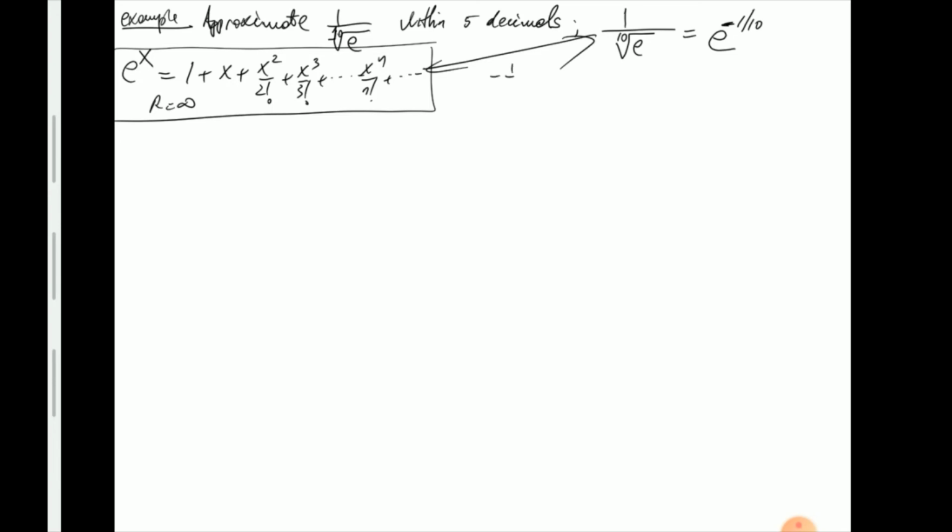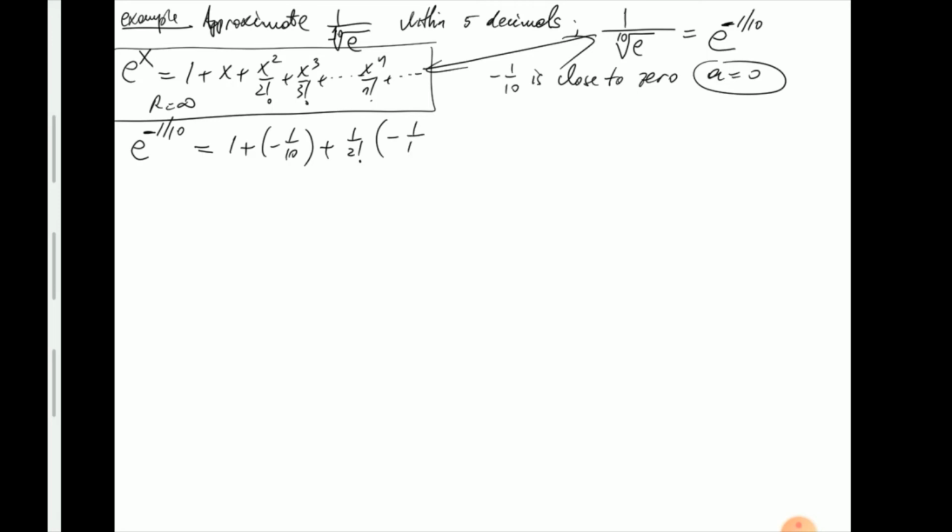And minus 1/10 is kind of close to 0. And remember, the MacLaurin series is centered at 0. So that tells me if I replace x with minus 1/10 into the MacLaurin series, I probably get a pretty good approximation if I just add a bunch of terms.